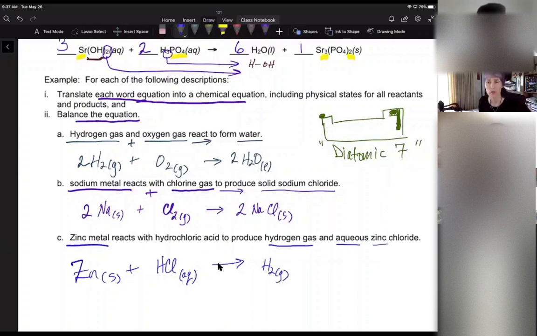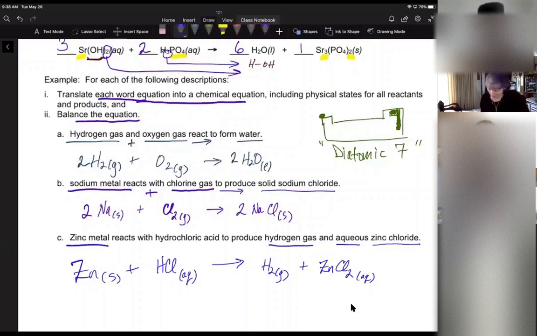So we need a neutral compound for zinc chloride. Zinc always forms a +2, and chlorine always forms a chloride -1. So we know the relationship between the zinc and the chloride just from those rules on the simple ions.